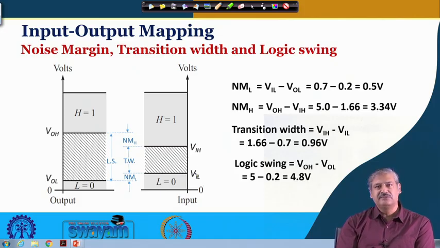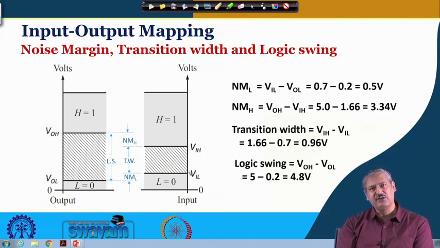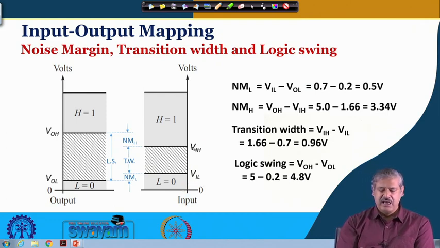Now, if we look at the input side, what is happening? This VIL, as we have already seen in that particular example, but it is true for every other case for an inverter like this, from 0 to VIL is treated as logic low. Any voltage even less than 0, because of noise and other things, as long as it is less than VIL, the input is treated as logic low. And at the input side, any voltage greater than VIH will be treated as logic high.